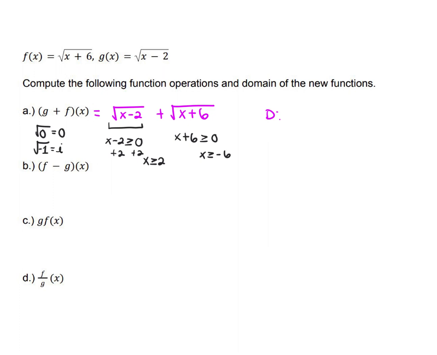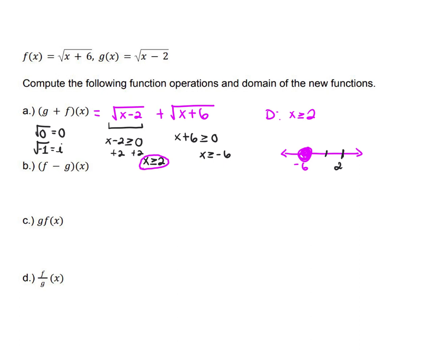So because we need to satisfy both of these conditions, the domain we're going to really go with is the stronger one, which is x is greater than or equal to 2. Because technically, if we said x can be greater than or equal to negative 6, it could still be considered 2.